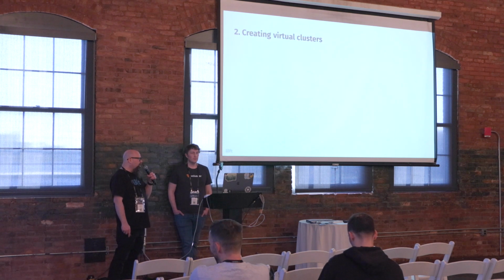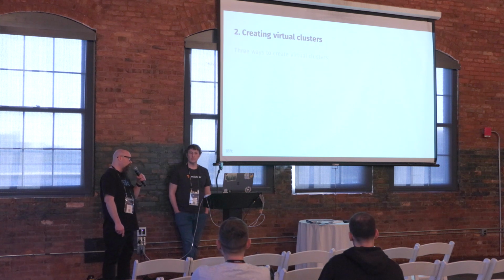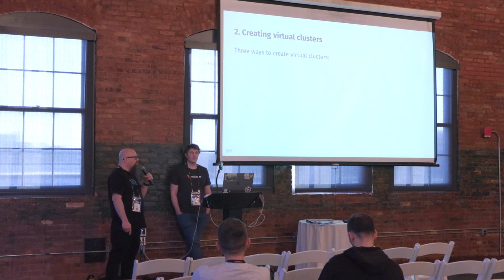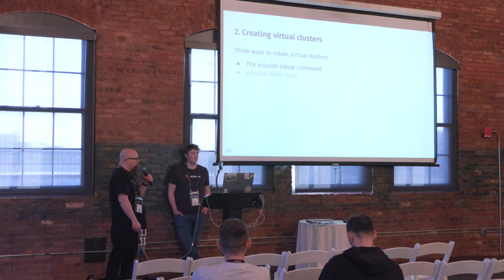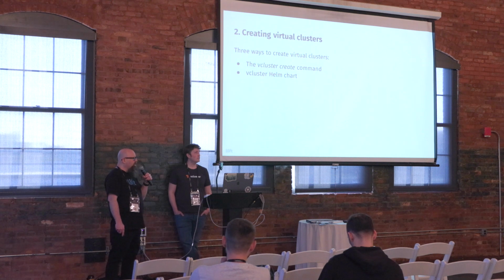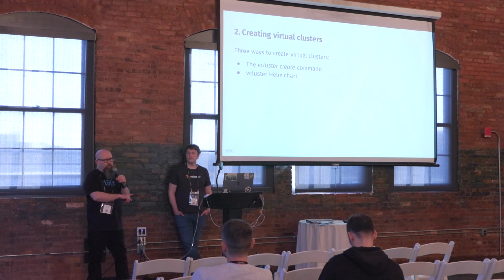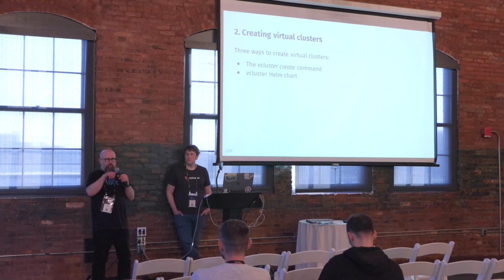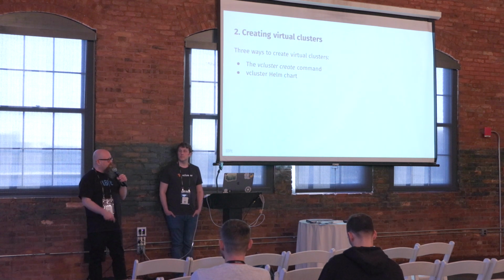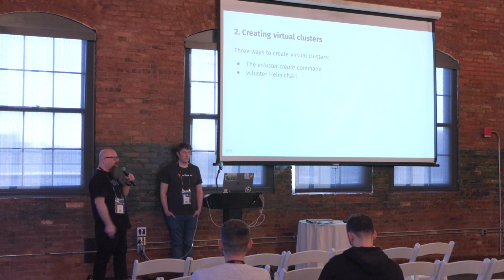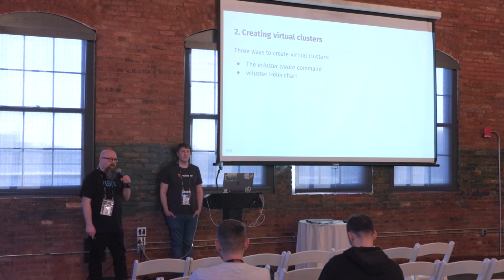Tip number 2 is creating these virtual clusters. There are 3 ways to do that. You can use the vCluster create command like you saw in the demo that Carl did. You can use the vCluster Helm chart. If you noticed when Carl ran vCluster create, it actually ran a Helm command to spin up the virtual cluster. So you can do that with the CLI, but you can use Helm directly and just install that same Helm chart yourself.